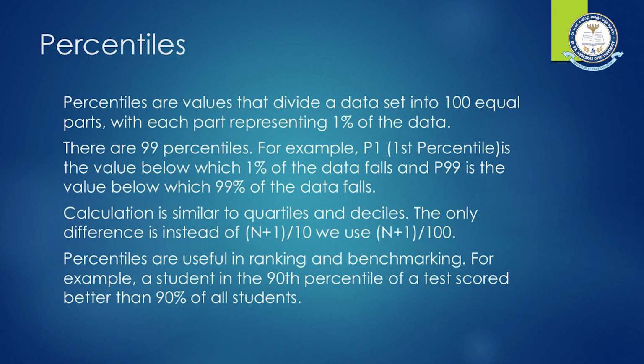As I have already mentioned, the calculation of percentile is similar to deciles and quartiles. The only difference is, instead of (n + 1) / 10 or (n + 1) / 4 or (n + 1) / 2, we use (n + 1) / 100.